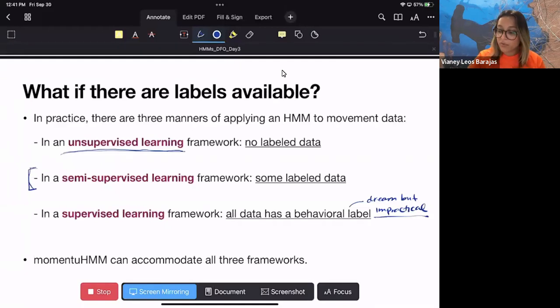While semi-supervised learning frameworks are not necessarily developed in the study of animal movement, I think there's now going to be a push toward incorporating some labeled data. In part, if you have some specific behaviors of interest, you can validate whether the HMM is actually capturing specific behaviors, or if some states are capturing multiple behaviors of interest. But the great thing is that momentuHMM can accommodate all 3 frameworks. You can easily incorporate labeled data.